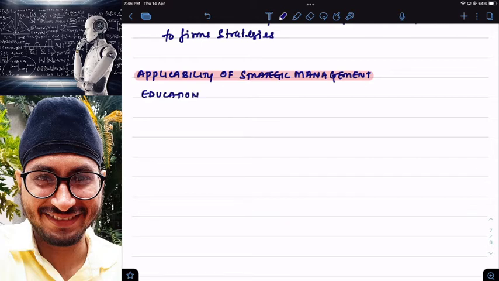Sir, as I already told you, strategic management is also applicable to profit-oriented organizations and non-profit organizations. Both. It is applicable to both. So, how is strategic management applicable to education institutions?